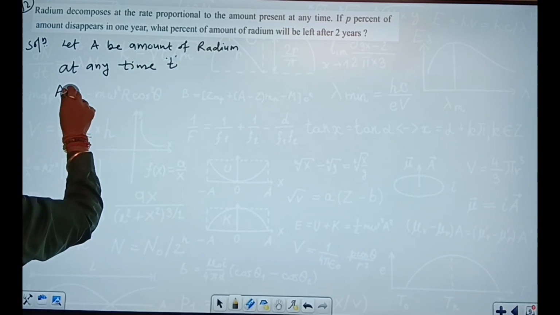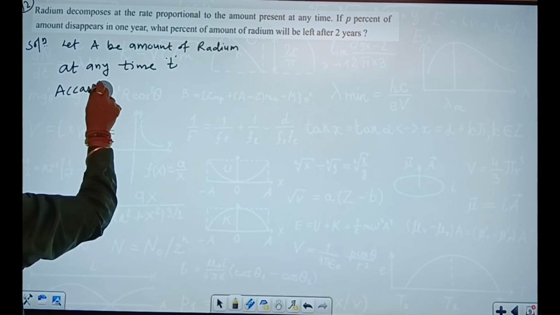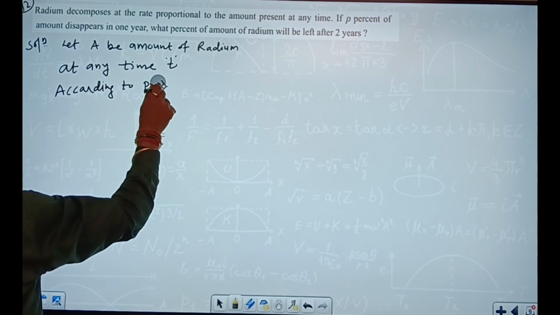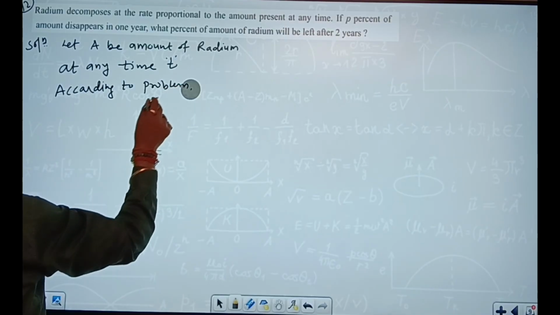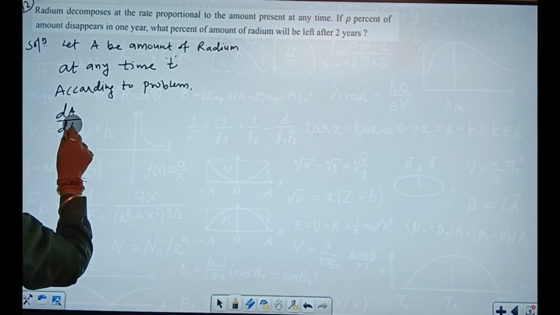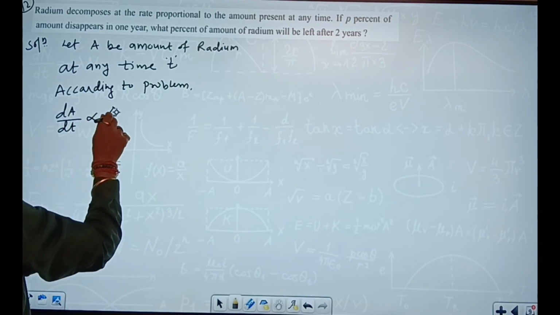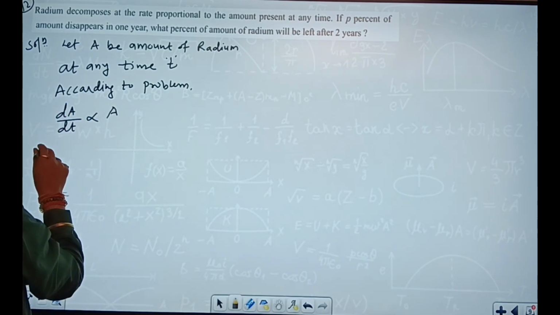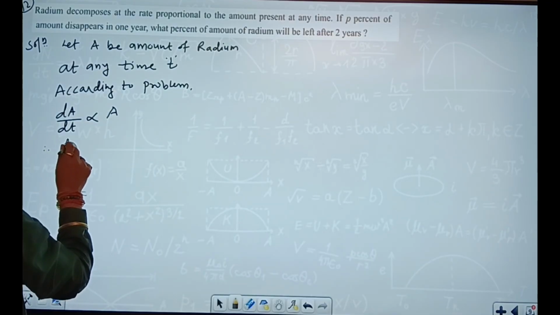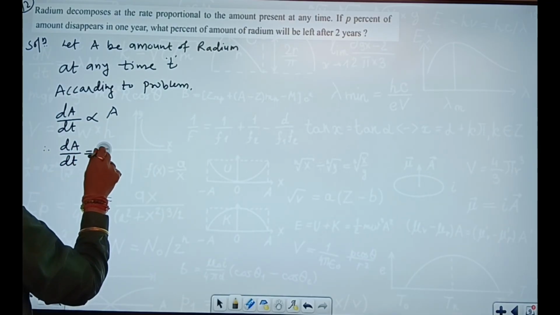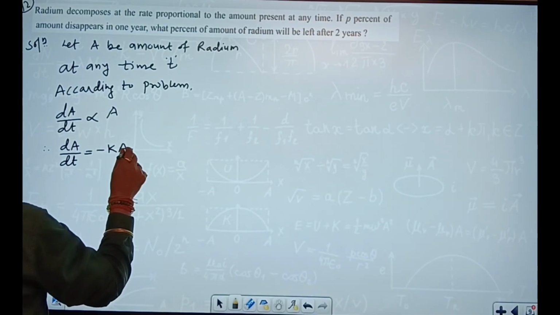According to the problem, dA by dt is what? Proportional to A. dA by dt is minus KA.